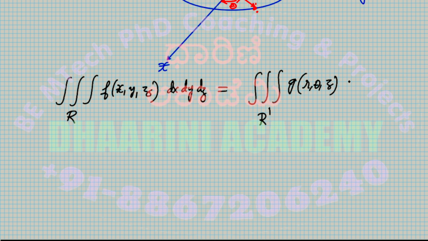That means I need to draw a cylinder first. This is the point, and I will also consider the z-axis. The z-axis will also be there.